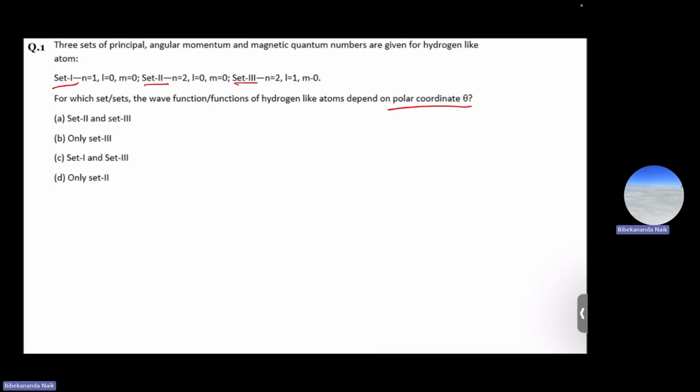The options are: option A, set 2 and 3; option B, only set 3; option C, set 1 and set 3; and option D, only set 2. So these are the 4 options. I'll give you a few minutes. Depending upon the concepts that we have already briefly discussed, we will solve the question. First, you try to solve it to get the correct answer, and then we will discuss.